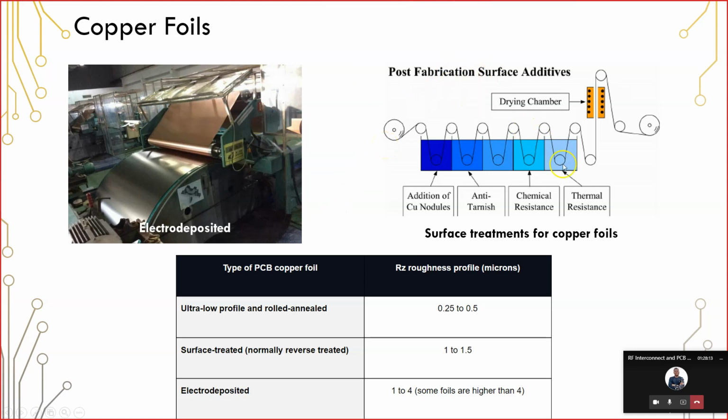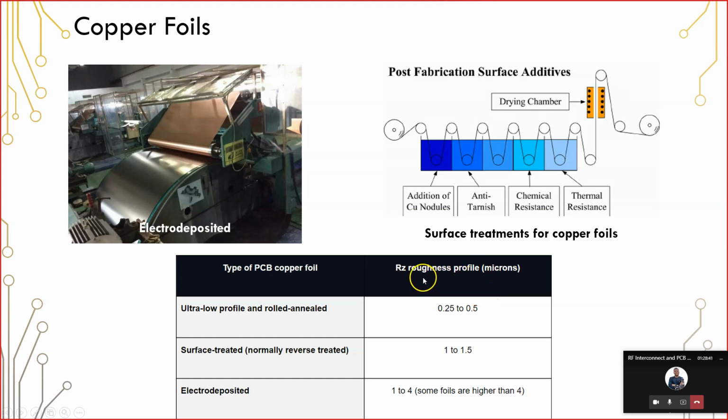Next, what they sometimes do is pass it through some surface treatments. There are surface treatments that can be used to treat this copper and modify its properties. Then there's another process that can be done with these copper foils, which is to put it through a pair of rollers and anneal it, so the copper can be heated up and rolled. All of these different processes will affect the roughness profile of this copper.